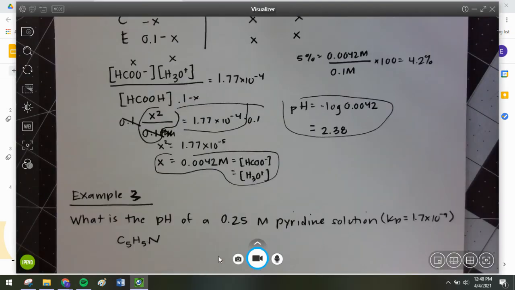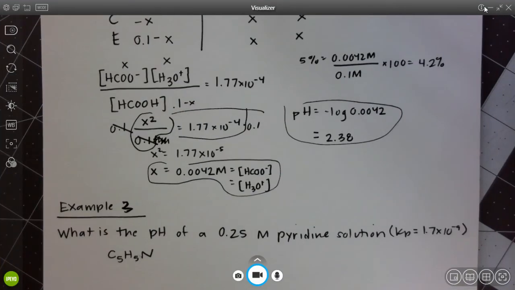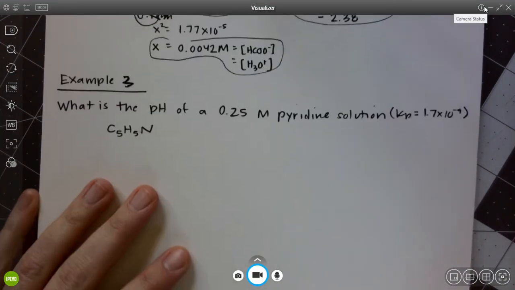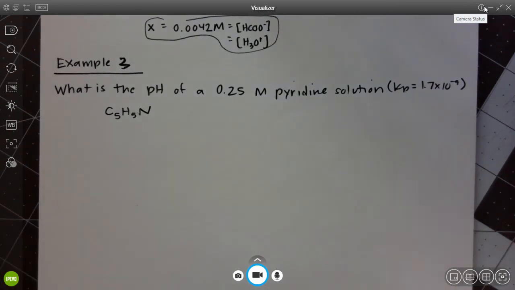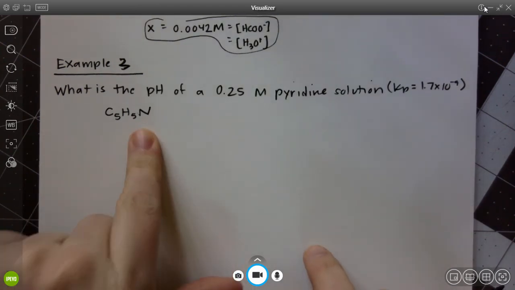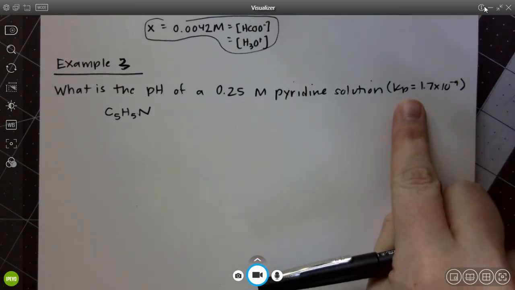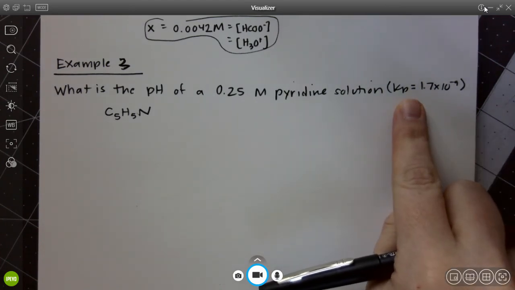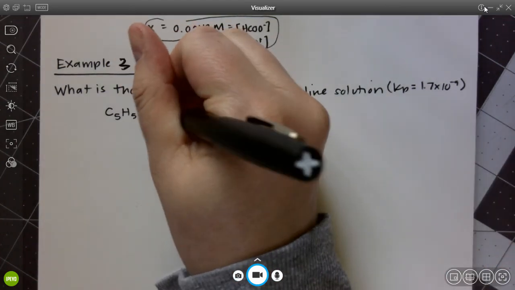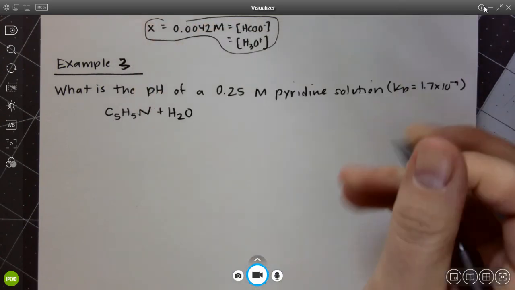So back to the doc cam. Example 3. The pH of a 0.25 molar pyridine solution, Kb equaling 1.7 times 10 to the negative 9th. So we have C5H5N, and because it tells me it's a Kb, that tips me off to what my reaction is going to be.